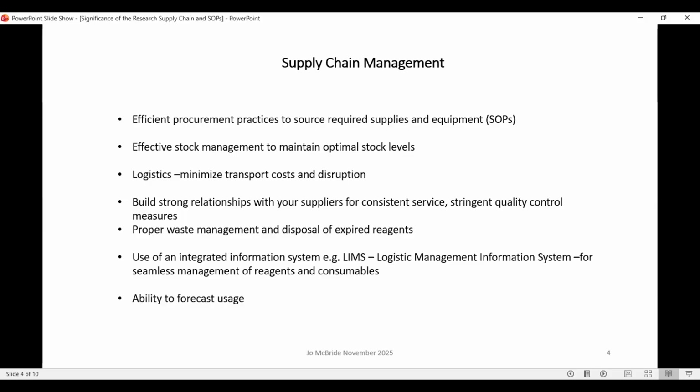You need to have effective stock management in order to maintain optimal stock levels, so that if there's a big holiday coming up, for example, or when we had COVID, which couldn't be predicted, you're able to carry out as much work as possible because you have enough stock in place.